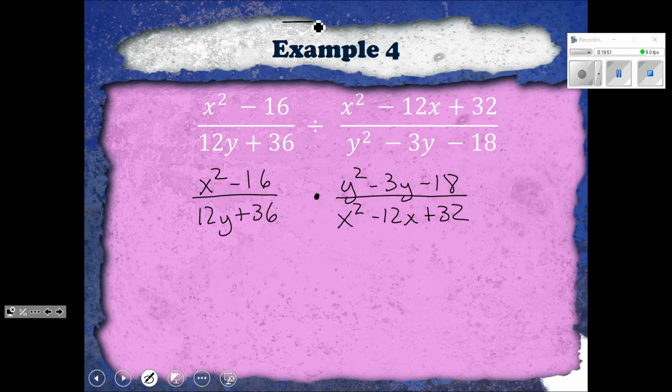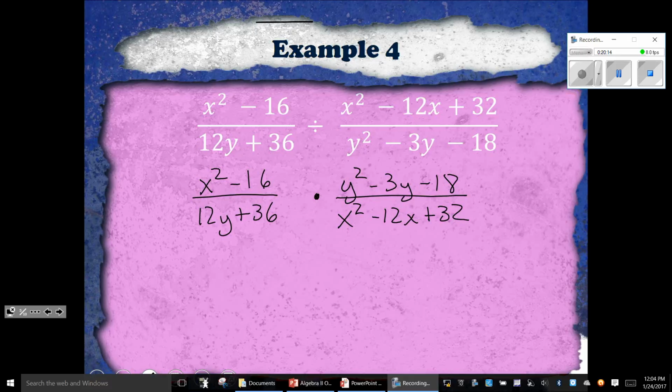I see difference of two squares. GCF. Trinomial. Trinomial. So how many of them can factor? All of them. Okay, so factor them. Give me your excluded values and cancel, smush.